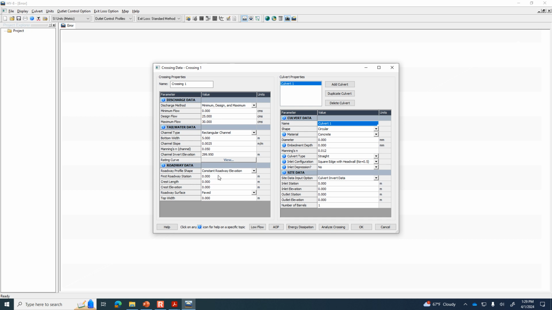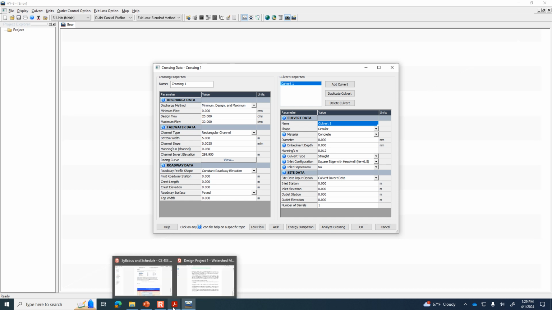Roadway profile shape can be either constant, which is saying that the road's at the same elevation, which is what I've drawn here on the whiteboard. But there can be cases where you've got a culvert in a sag, like if the road was going down and then it went like this.